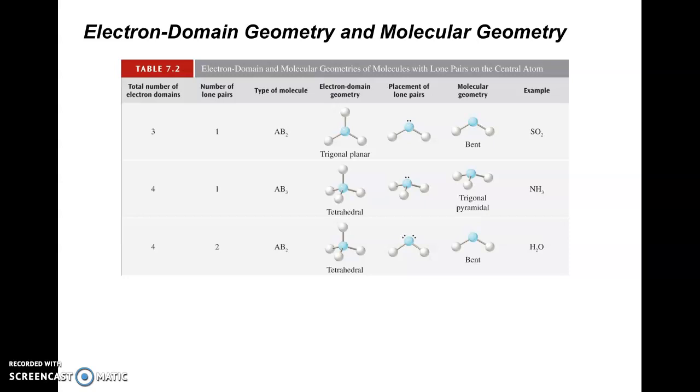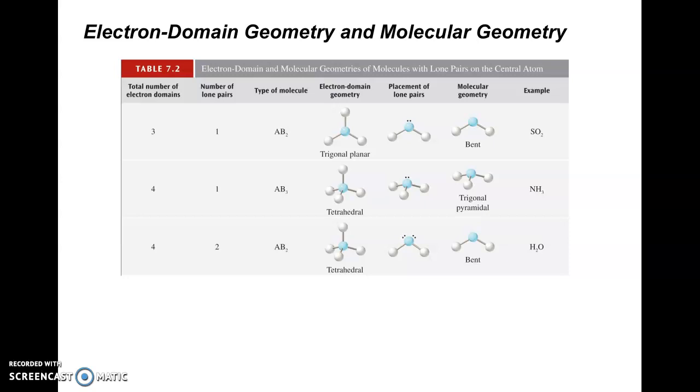However, when you're just looking at the molecule, you can't see that lone pair of electrons. And when you just look at the atoms, it looks like a tetrahedral where the top atom is chopped off. And so that's called a trigonal pyramidal. It's like a triangular pyramid.